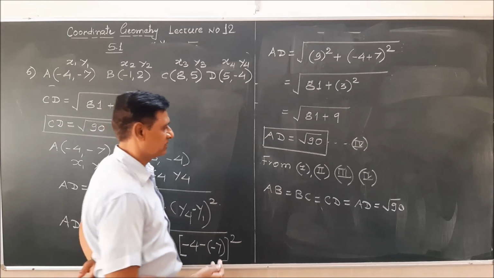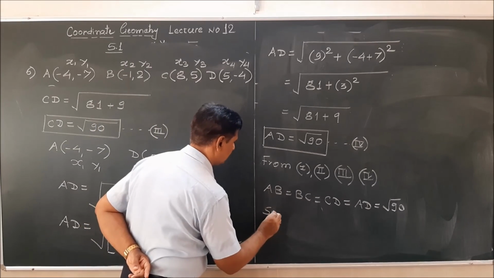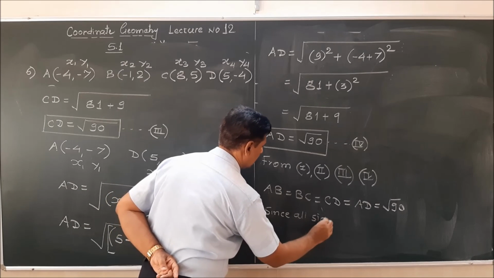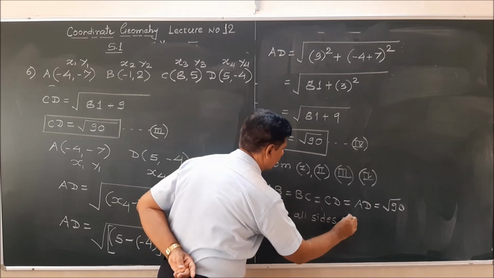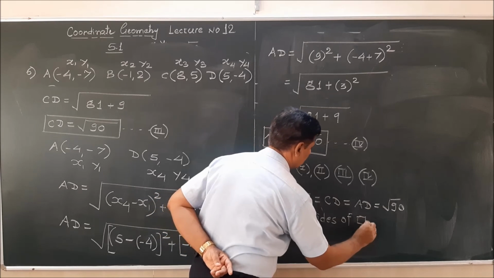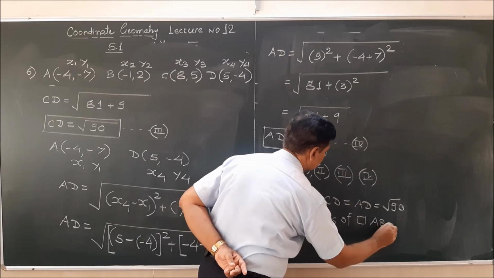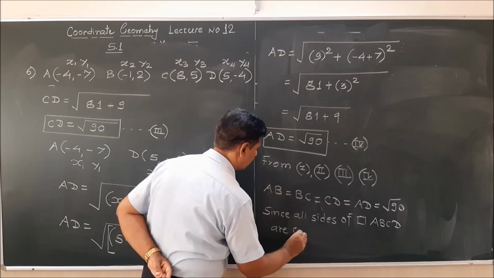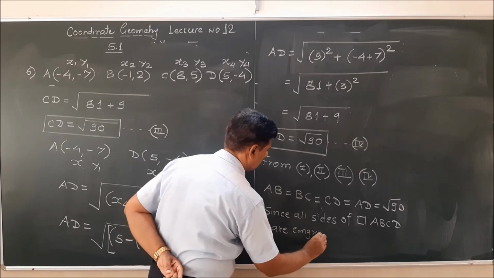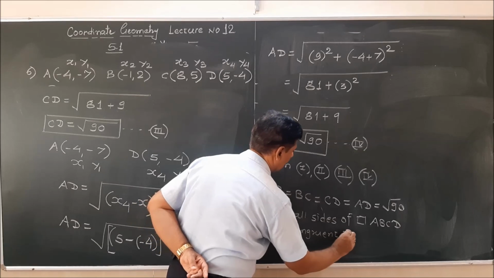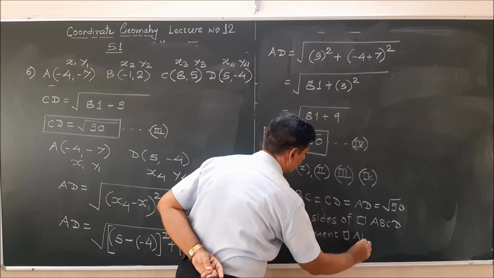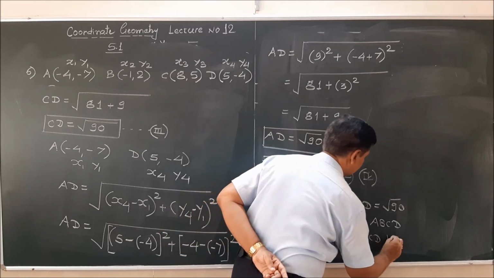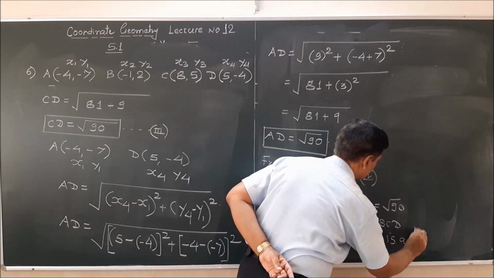So we can say the next statement is, since all sides of quadrilateral ABCD are congruent, quadrilateral ABCD is a rhombus.